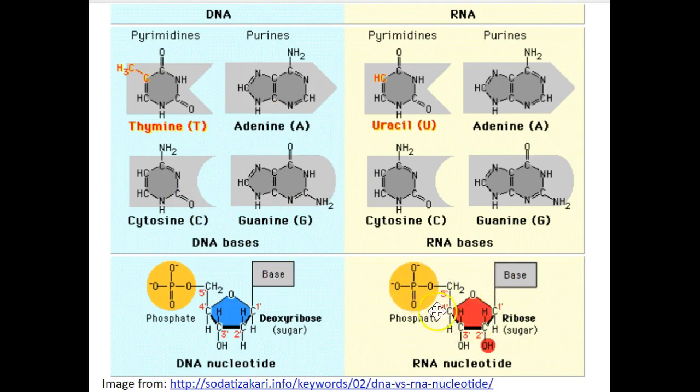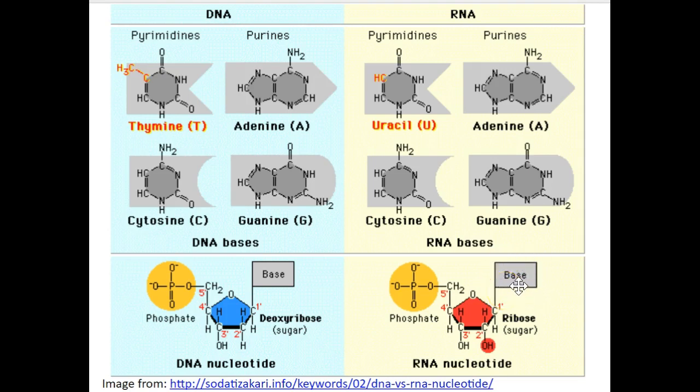Here's an RNA nucleotide, and it looks incredibly similar. Same phosphate group, still have a 5-carbon sugar. It's just that the sugar here is called ribose, and the only difference is that it has a hydroxyl group at the number 2 carbon, whereas on deoxyribose, there's a hydrogen on the number 2 carbon of this sugar. There are a little bit of differences in the nitrogenous bases as well.